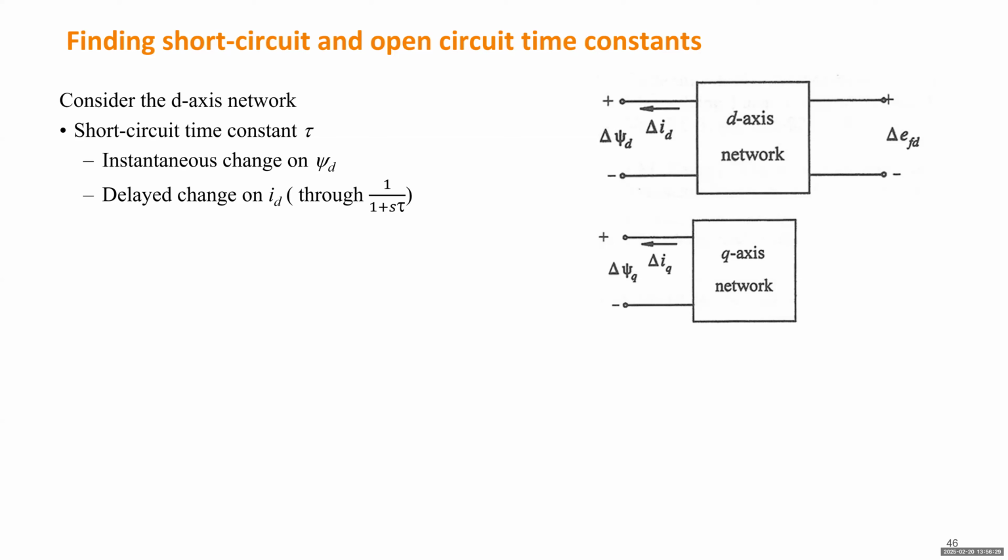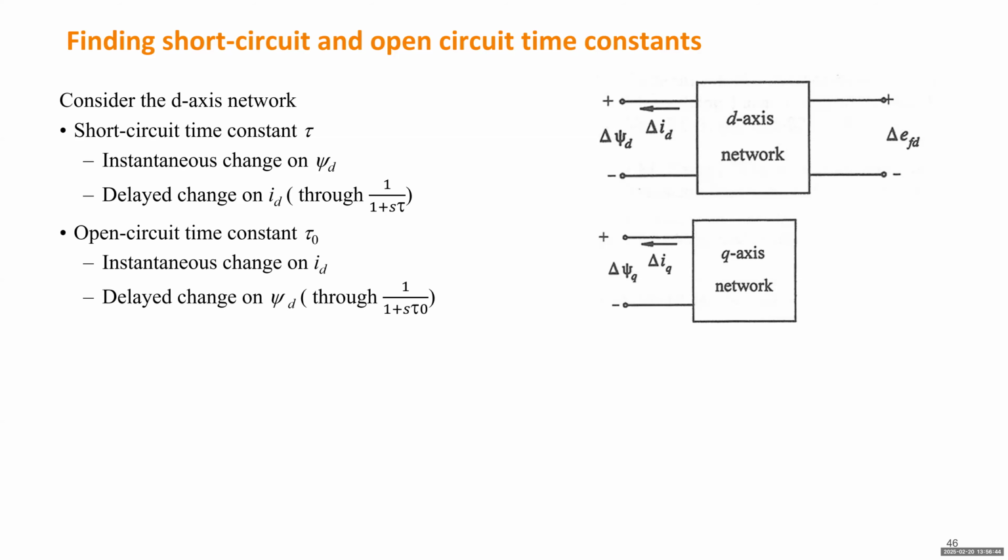So when we have a short circuit contingency, we have an instantaneous change on the flux linkage of voltage, but the current will have a delayed change through some time constant tau. If we have an open circuit contingency, you have an instantaneous change on the current, but you have a delayed change on the flux linkage of voltage through some delayed first order component.